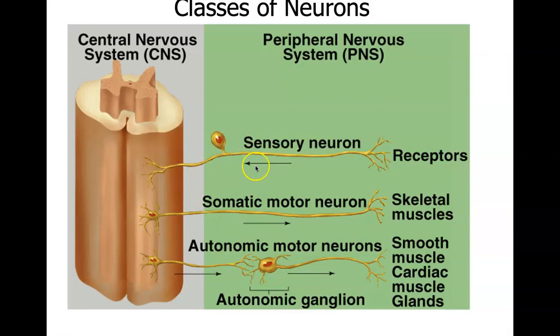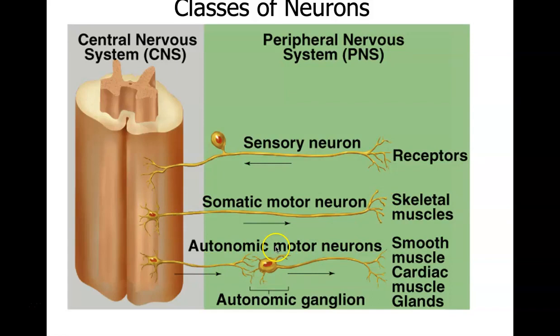So let's imagine it's called a sensory neuron. Okay, sensory neuron is going to respond or fire when the receptors are activated, and the signal is going towards the CNS. In a motor neuron, something that controls a muscle, you'll note that the cell body is here in the CNS, and the signal travels from the CNS out to skeletal muscles.